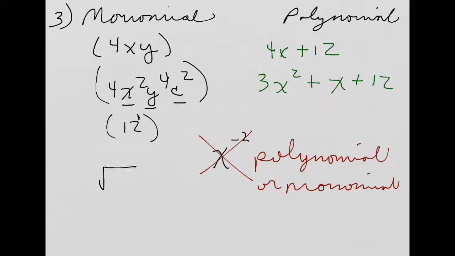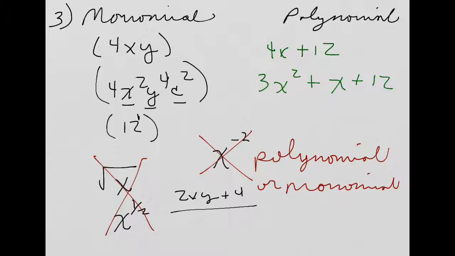So if you have the square root of x, or x to the 1/2, this is also not a monomial. And then the third case is if you have a variable in your denominator. This again is not a polynomial or monomial.